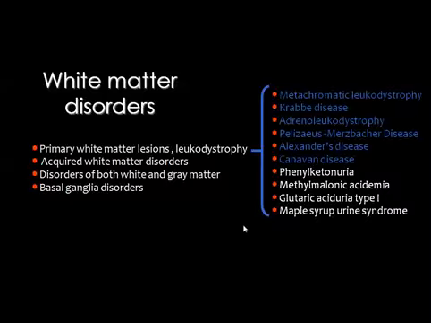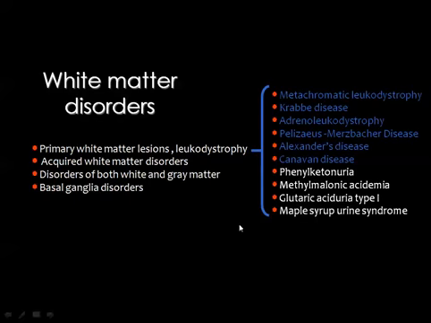Then in the second part of the talk we discussed the acquired white matter lesions, and we talked about MS and some of the traumatic and inflammatory white matter diseases.